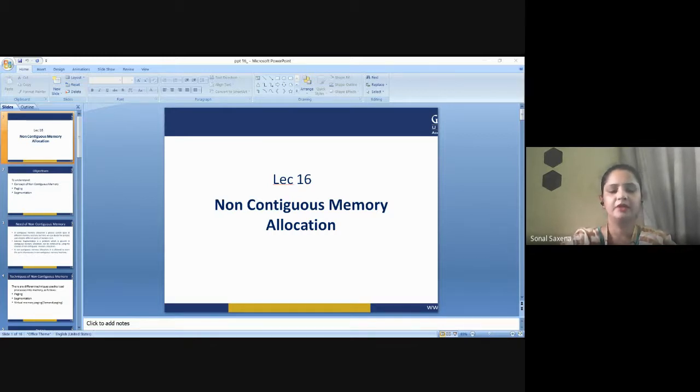Together with that, we saw a few algorithms used to allocate space in contiguous memory allocation. The major algorithms were the first fit algorithm, best fit algorithm, worst fit algorithm, next fit algorithm, and quick fit algorithm. These five algorithms help in allocating the space effectively.